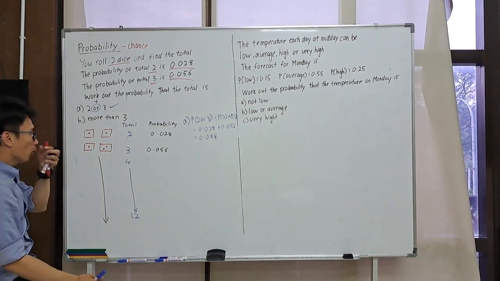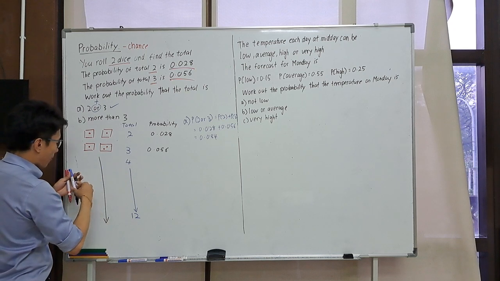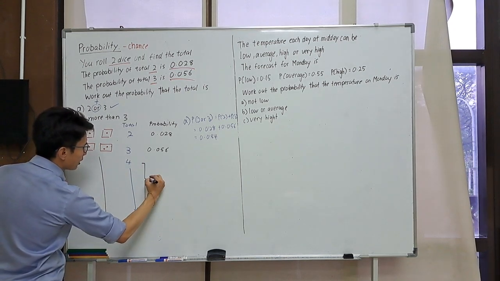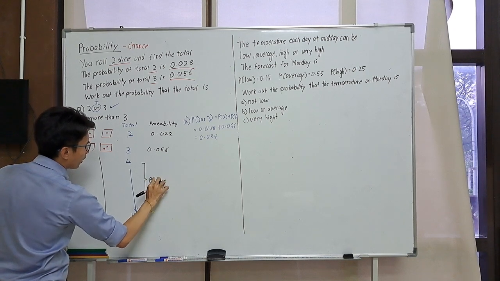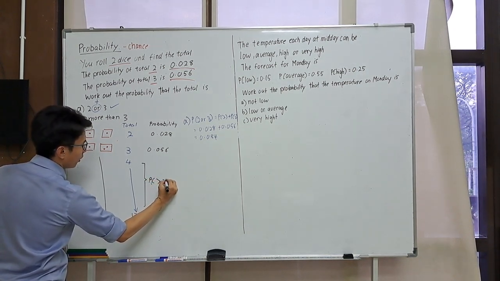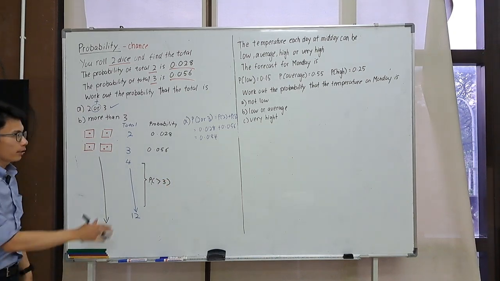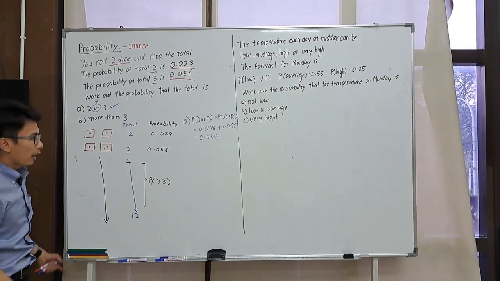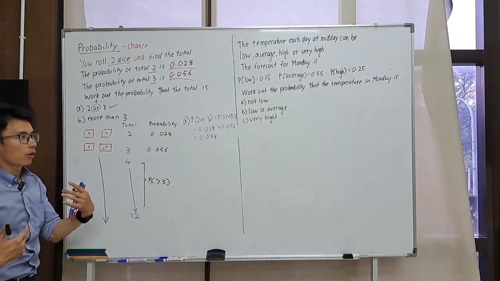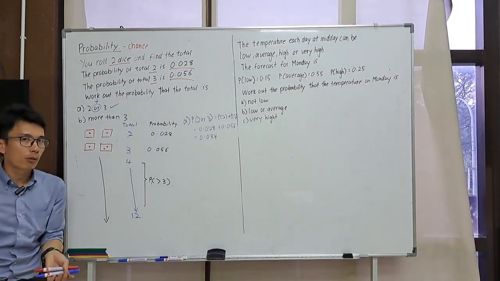Okay? So what am I interested in? I am interested to know what is this probability over here. This probability is I will get more than 3. But how do I find this probability over here? Now we're going to use back our concept of understanding of what is a maximum probability.